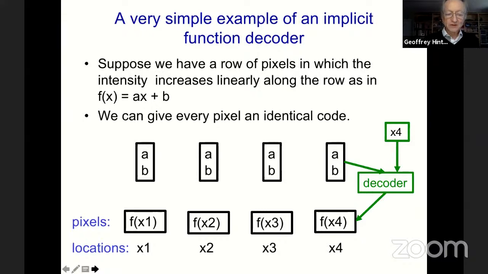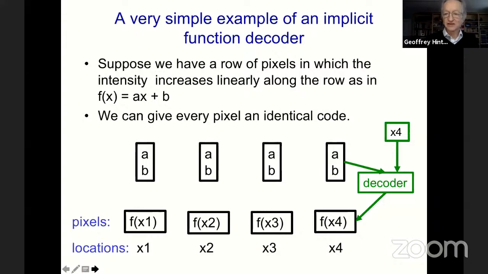Well, suppose the pixel intensities are determined by the function f, where f of x equals ax plus b. What you need to do is give each pixel a representation that's just the coefficients in that equation. You give each pixel a representation ab. So they've all got the same representation vector, but they don't all reconstruct the same thing.